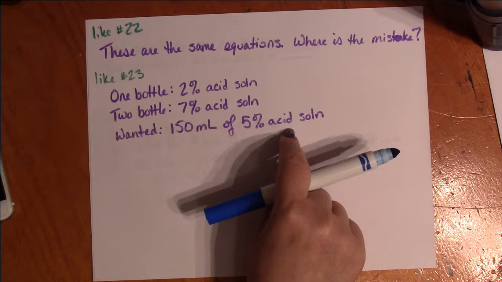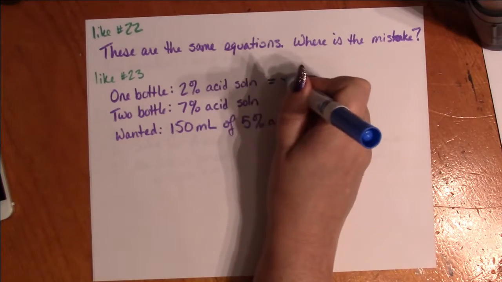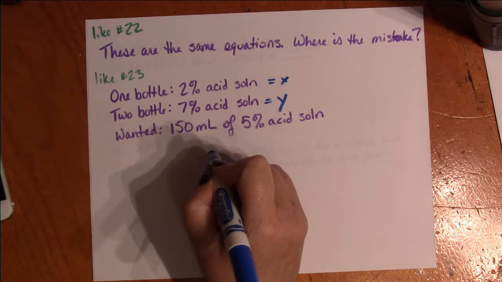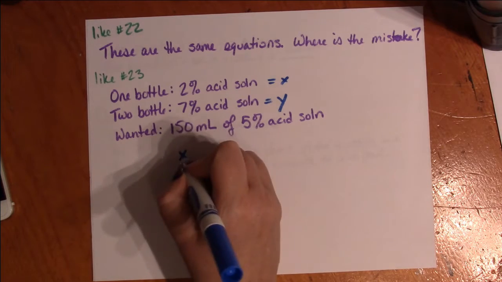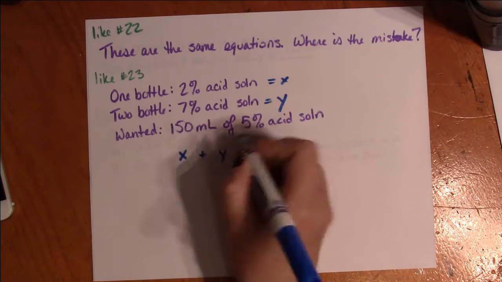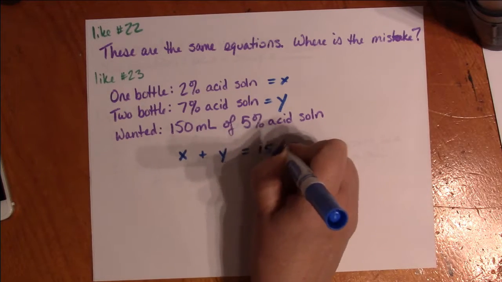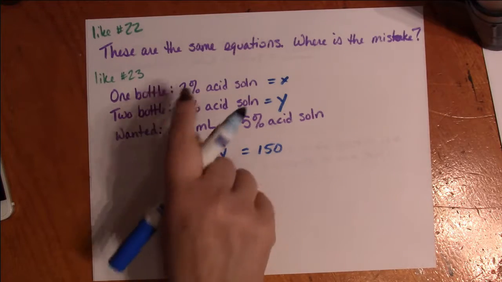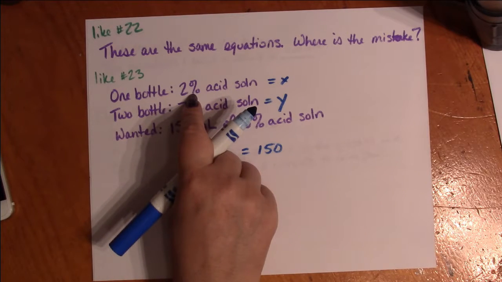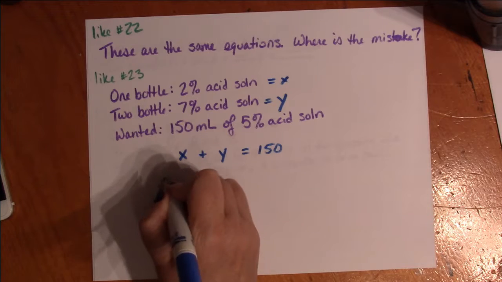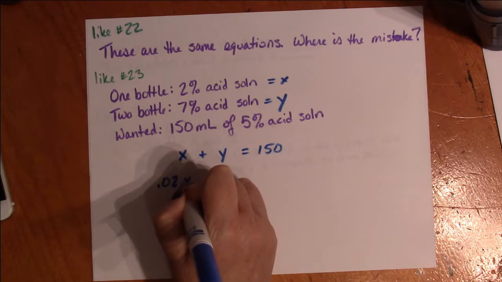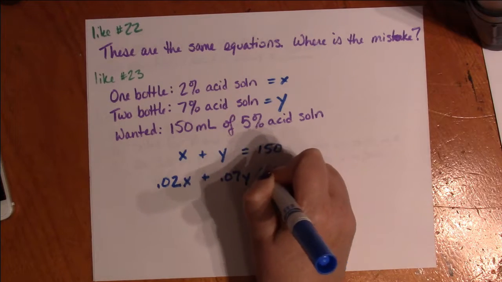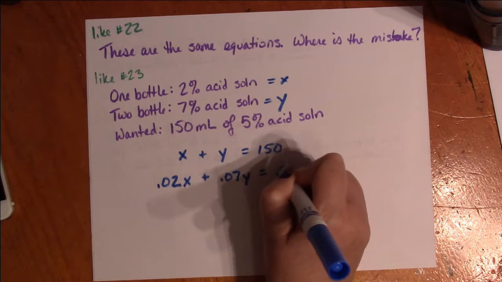So this is going to be X, and this is going to be Y. And we're going to add X. The amount of X plus the amount of Y is going to equal 150 milliliters. And then, now remember, you can't do math with percents, you have to do math with decimals. So 0.02 times X plus 0.07 times Y is going to eventually reach 0.05.